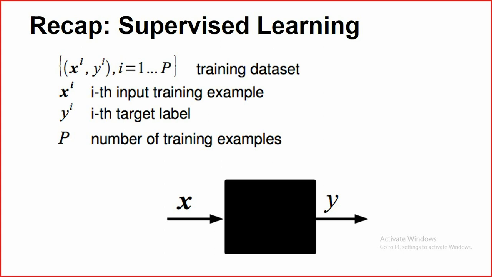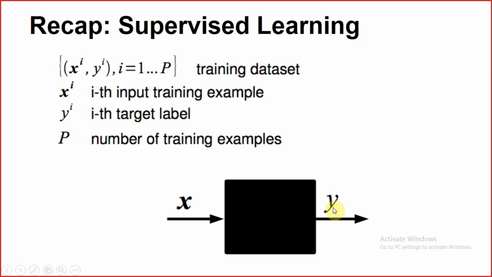Then we construct a model here. This black box is a model, and we can give it an unknown sample like x, and the model will predict the class label.